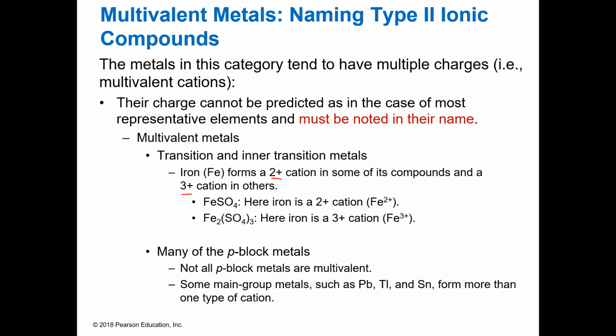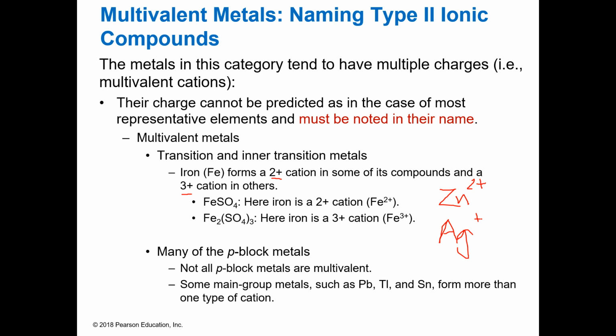All right, so that whole transition metal block, they can have more than one charge, with the exception of zinc. Zinc is always 2+. And then the metals that fall under the staircase to the right of the transition metals, the only other one that is consistent is silver.